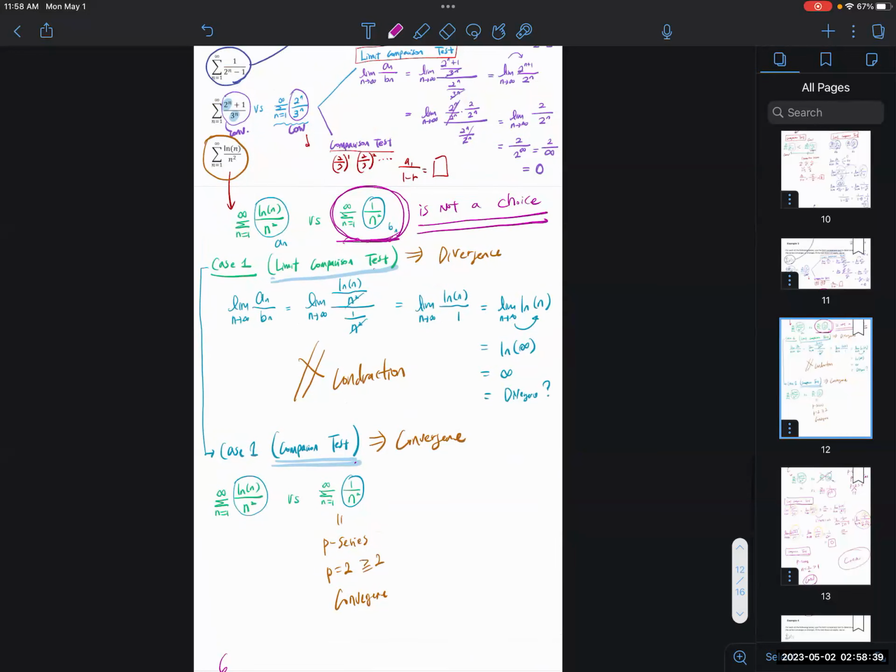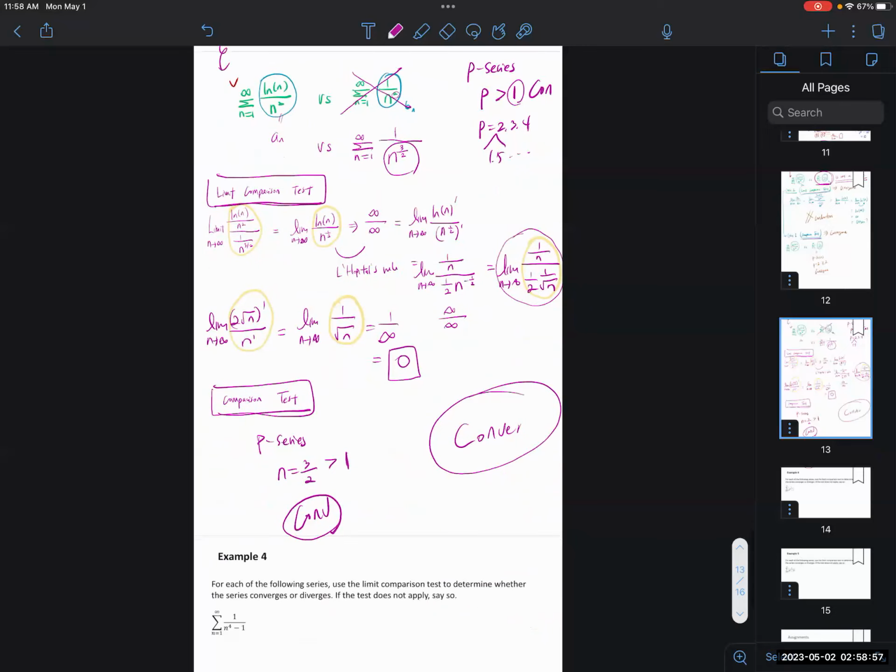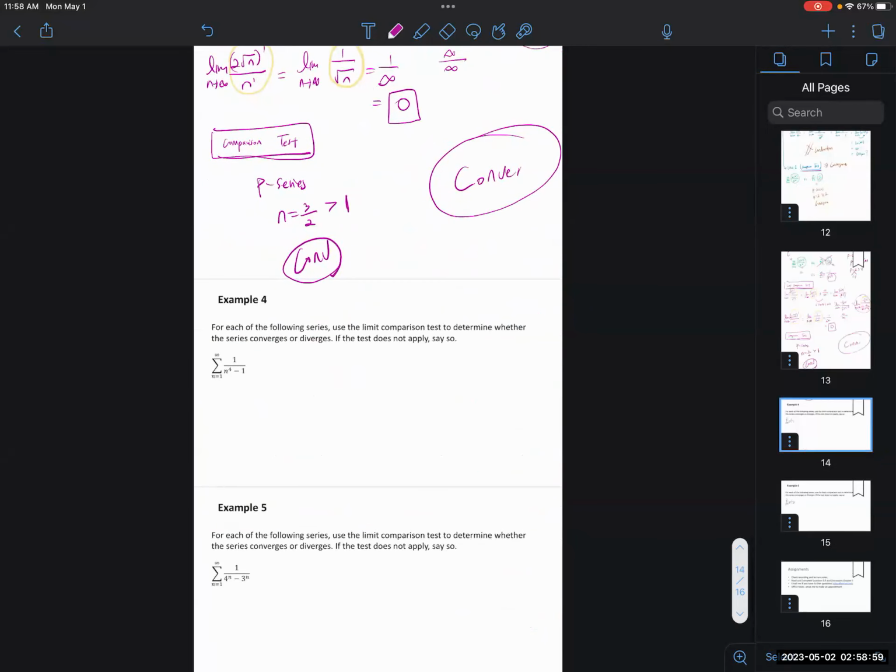The reason why I'm showing you this is that sometimes we make a mistake choosing the series to compare with. So check both tests to see if they give you the same answer. If not, you have to choose another one. So that's all about the limit comparison test.